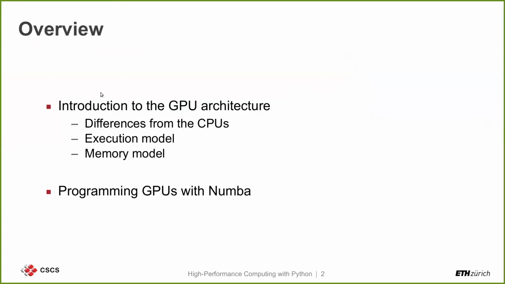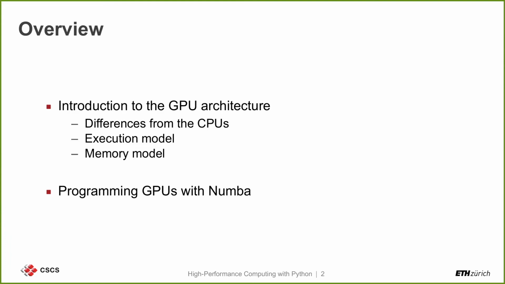So I'm going to briefly summarize here what we're going to talk about. I'm going to talk about the difference between GPU and CPU, the difference in execution model and how the execution model in CUDA works, and also the difference in the memory model, because the GPUs have dedicated memory, so we have to take care of the memory handling of the GPU ourselves.